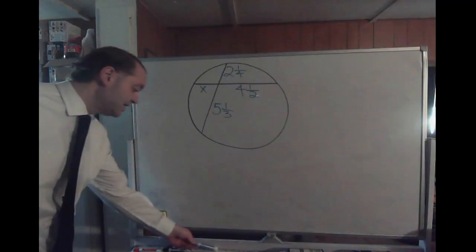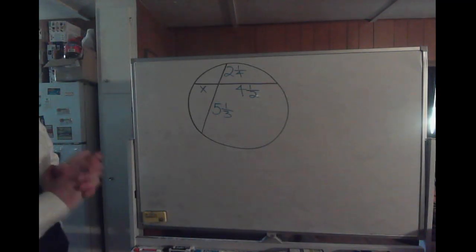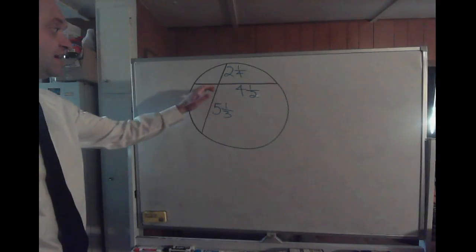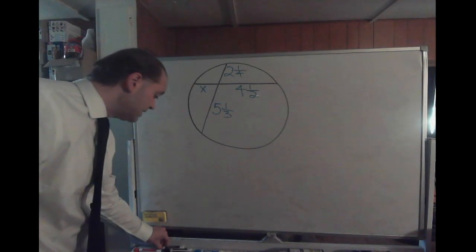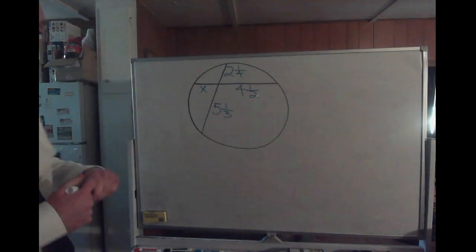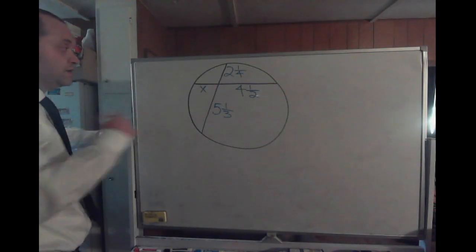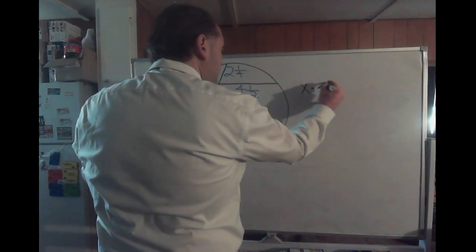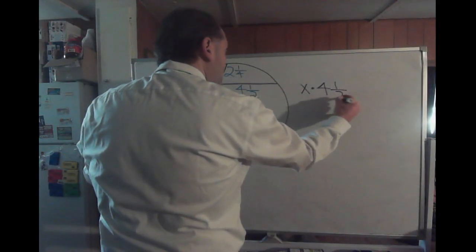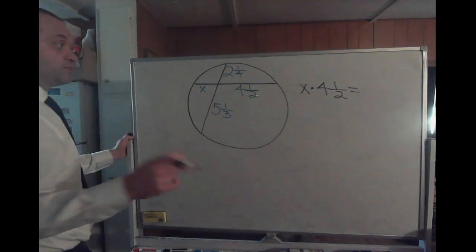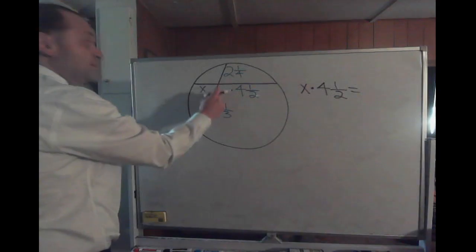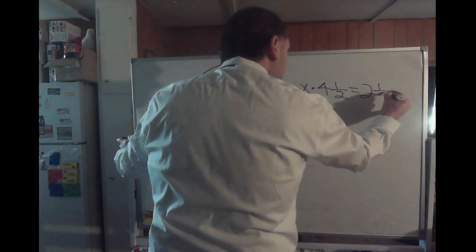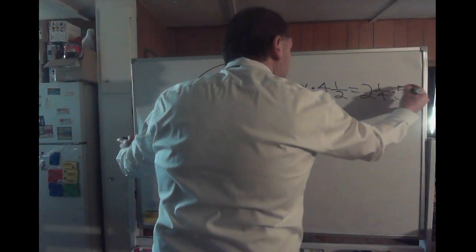This is really exciting. So when you have 2 chords that intersect inside of a circle, again, you're just going to take the product of each segment of the chord. So the product of the first one would be x times 4.5 would be equal to the product of the segments of the other chord, so that'd be equal to 2 1/4 times 5 1/3.